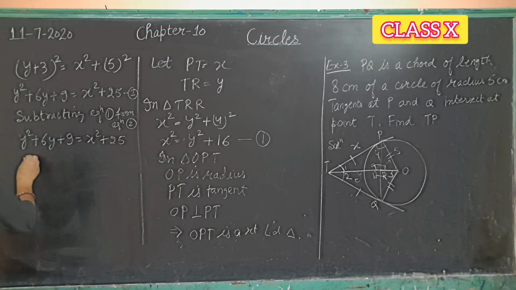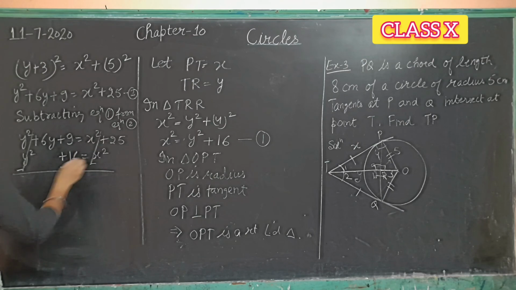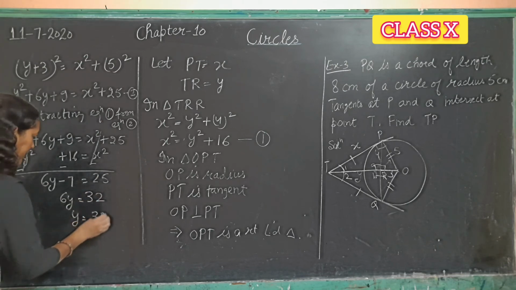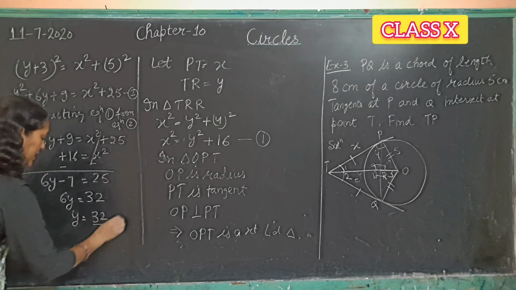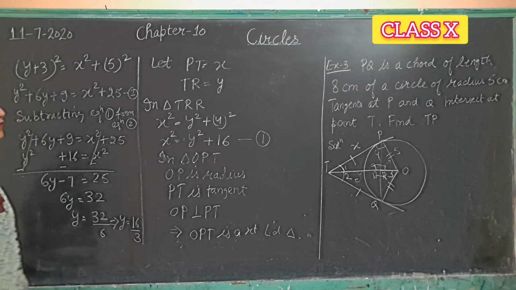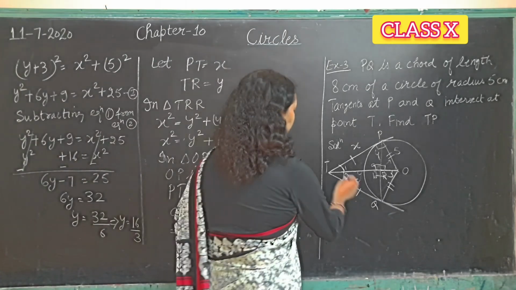This side, Y square plus 16 minus, and here X square minus. So Y square got cut, X square got cut, we are left with 6Y minus 7 is equal to 25. So 6Y, shifting 7 to that side, will become 32. So Y is equal to 32 upon 6, implies Y is equal to 16 upon 3.